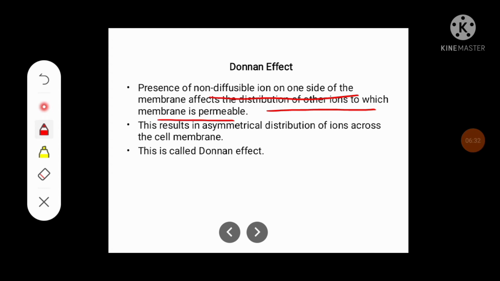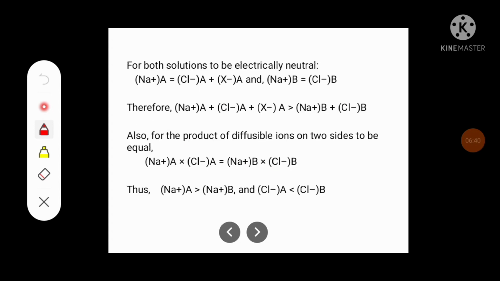This results in asymmetrical distribution of the ions across the cell membrane, and this is called the Gibbs-Donan effect. This reaction shows the same thing.